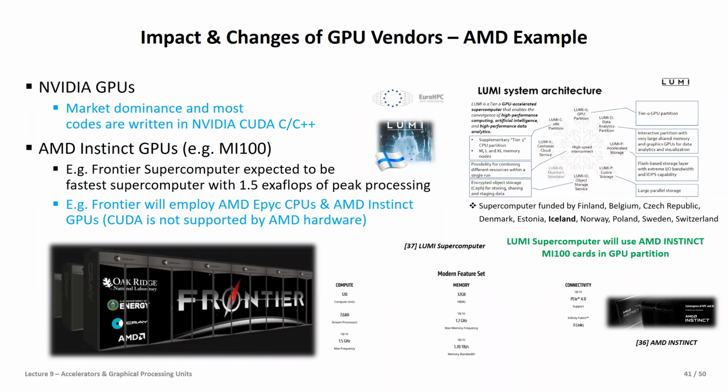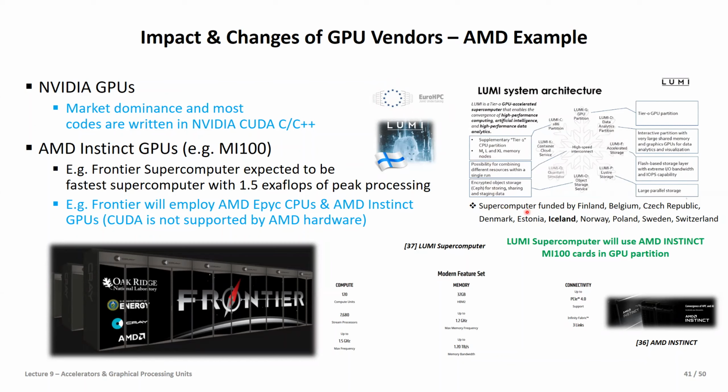You see here the LUMI architecture of the supercomputer in Finland currently being built, which will be one of the important architectures and HPC systems of the EuroHPC Joint Undertaking, which brings together the whole of Europe.